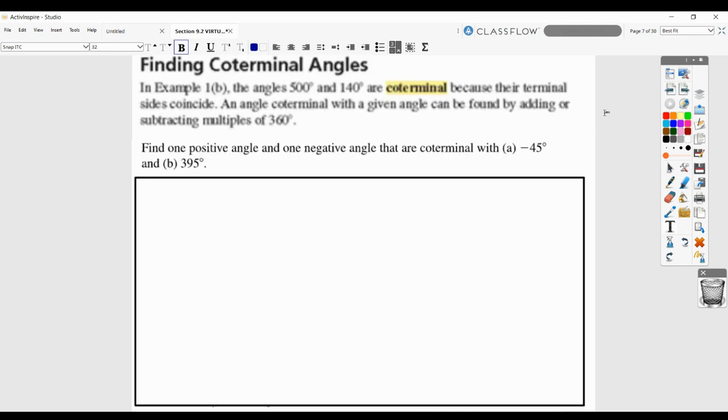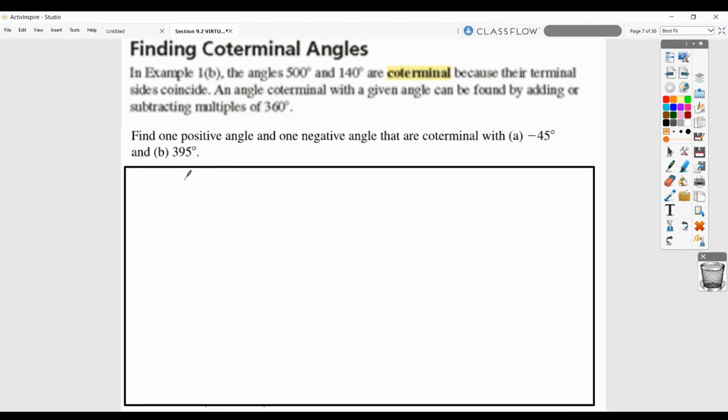So the first thing we're going to do is state coterminal angles. And what I'd like you to do is we're not going to draw these out. We're literally just going to use our calculator here. When things are coterminal, that means we can actually use 360 degrees to add or subtract from our degree measurement, because 360 degrees is all the way around.